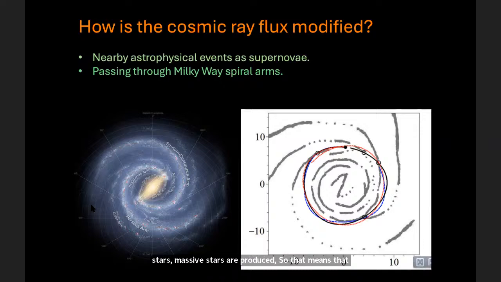So this is the trajectory of our solar system through the galaxy. As you can see, sometimes we go through these spiral arms, which are the gray path, and sometimes we don't. Remember that I told you some people are trying to correlate the cosmic rays with extinctions.